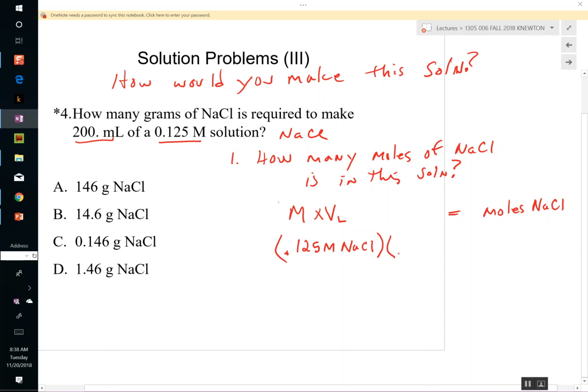Now what's the volume in liters? 0.2. Remember, you move the decimal point over 3 places. And what's the answer to that?